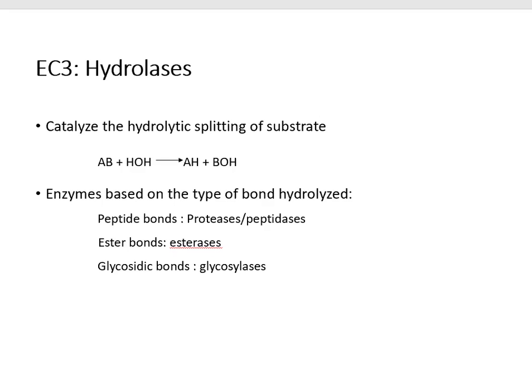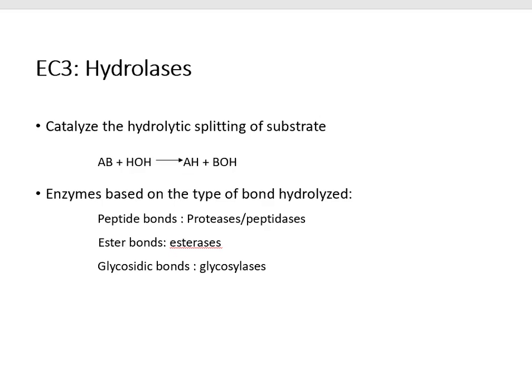So EC3 hydrolases. Most of the enzymes used in the food industry belong to the class of hydrolase enzymes. They catalyze the hydrolysis of chemical bonds, hydrolytic splitting of substrates. It occurs based on the type of bond hydrolyzed.